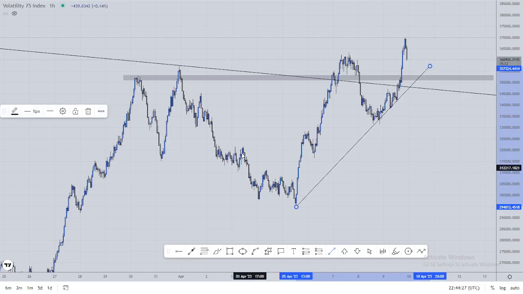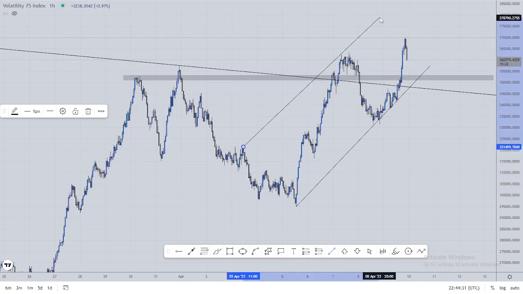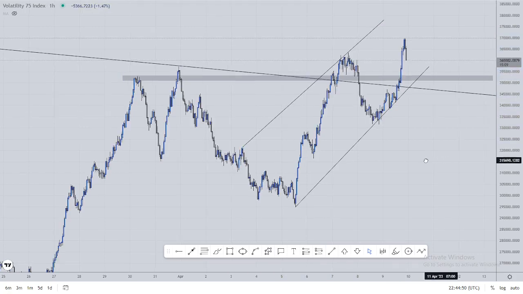Right. You can actually see that it's an upward channel that it's following. So you can actually see that in as much as it broke this trend line, it also had a plan for it.